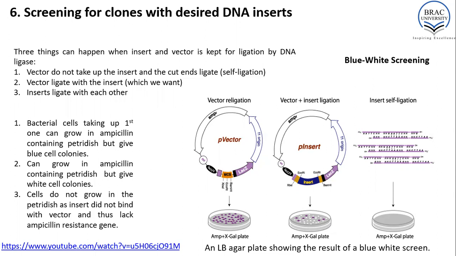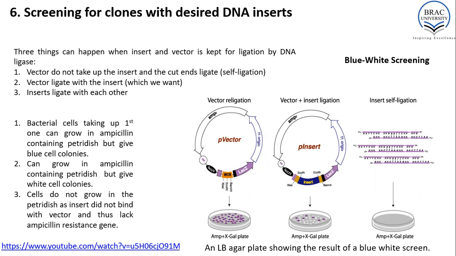The LacZ gene is expressed, produces the beta-galactosidase enzyme, which breaks down the substrate X-gal and produces blue colonies. In the second scenario, when the DNA insert is ligated with the vector, the LacZ gene is not expressed, there is no beta-galactosidase, and there are no blue colonies. We get white colonies, which we want for our experiment.